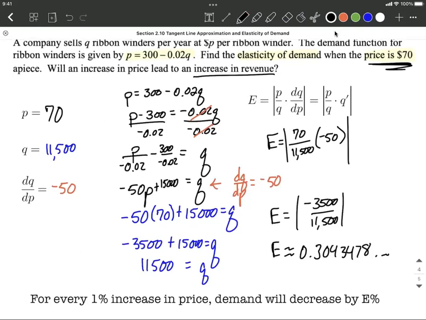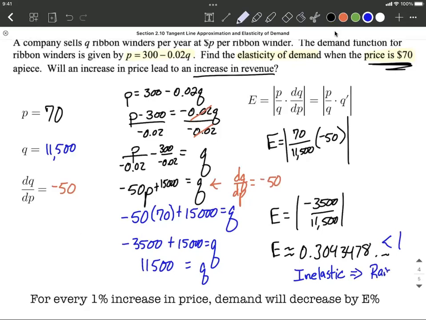So interpreting that, first of all, that's a value that is less than 1. When it's less than 1, we refer to that as inelastic. When something's inelastic, what that tells us is we should actually raise prices.